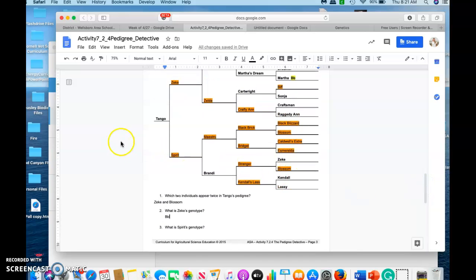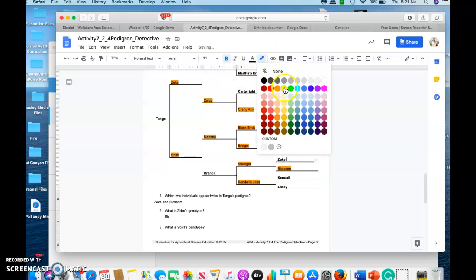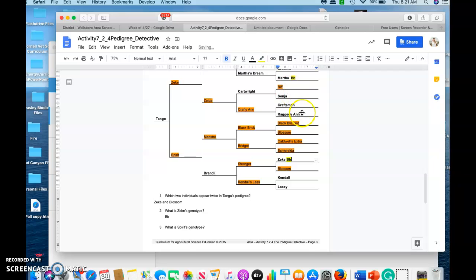When we come down here to Spirit, again, we look in the pedigree, and Martha doesn't show up on this side, but Zeke does. So if Zeke is heterozygous, and we've figured that out already, then we know that Stranger could be heterozygous for the same reason.